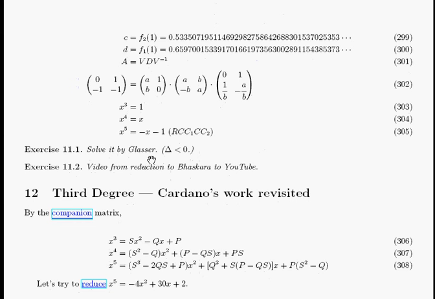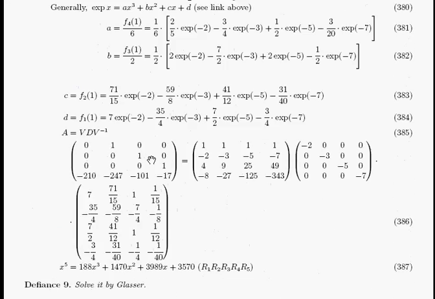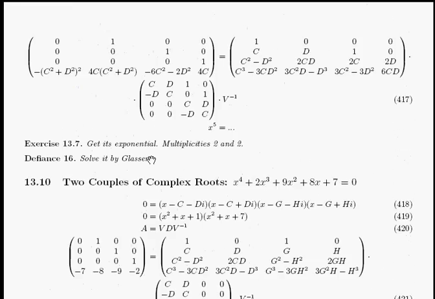Glasser is a method for solving Bring's normal form, but we're not going to reduce hypergeometric to second degree. That's possible. That's an exercise. And now we have third degree, and now fourth degree, and now fifth degree.